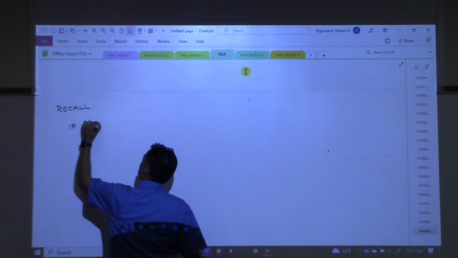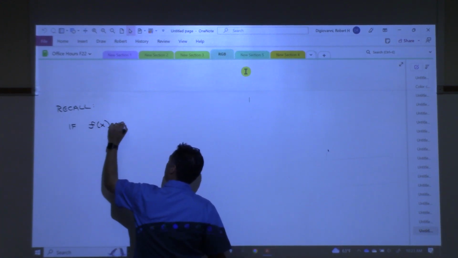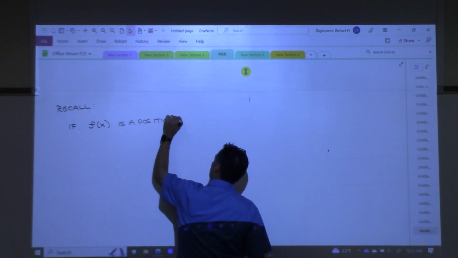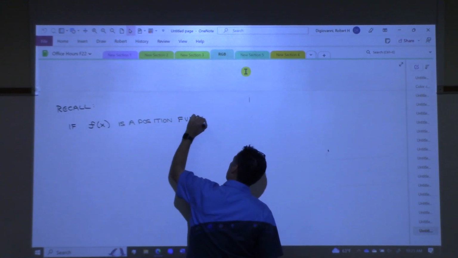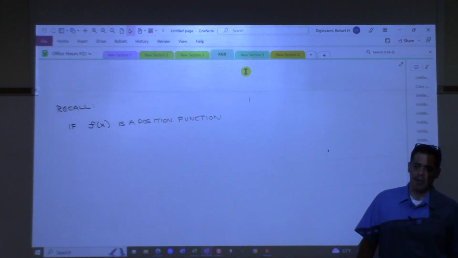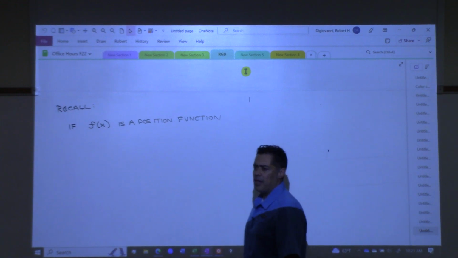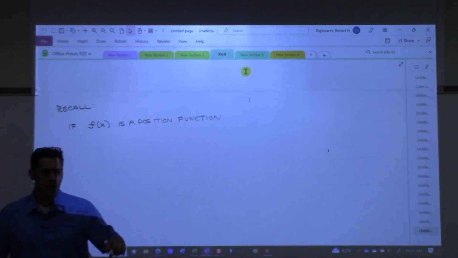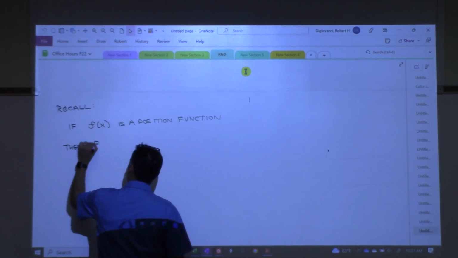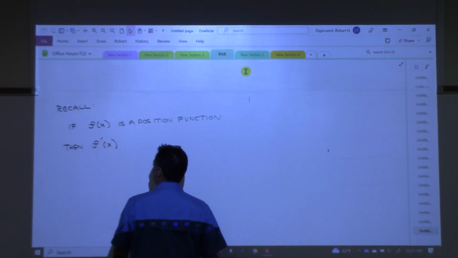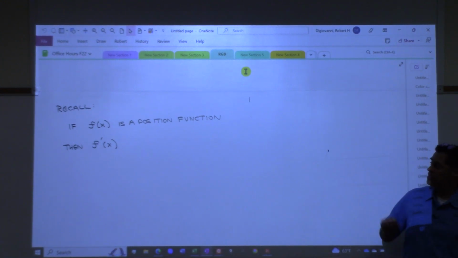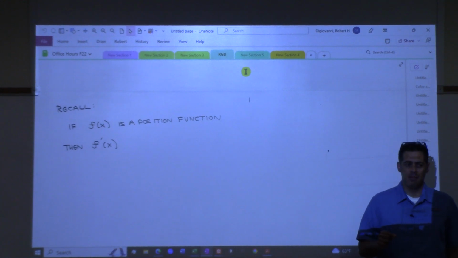If f of x is a position function, all right, so let's say I give you a function f of x, and it gives you the position of some object, all right? Then what did we learn about what its derivative meant or represented? What would the derivative of that function be? So position is f. What's the derivative then?